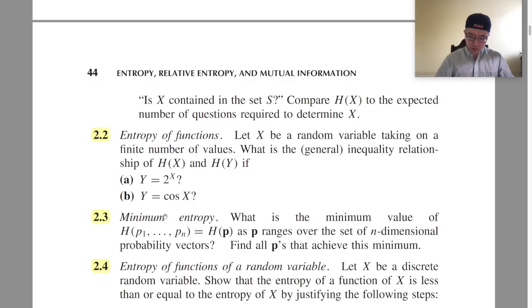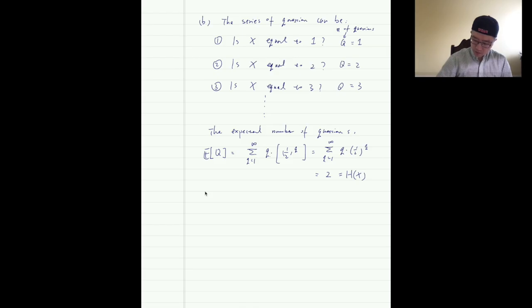Okay, so let's take a look. For part A, y equals 2 to the power of x, and in this case we need to compare the PMF between x and y.